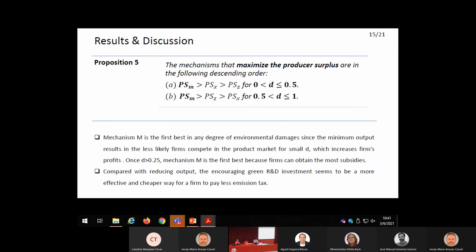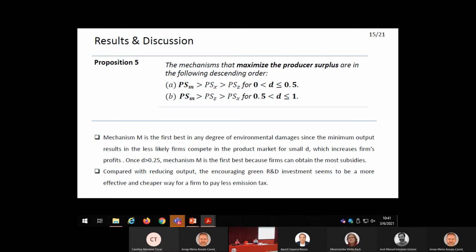From proposition 5, we found mechanism M is always the first best in any degree of environmental damage. Why? It's because, remember, when the damage is very low, under mechanism M, the output is the minimum, and the minimum output actually makes firms less likely to compete in the product market, and then it results in increased firms' profit.